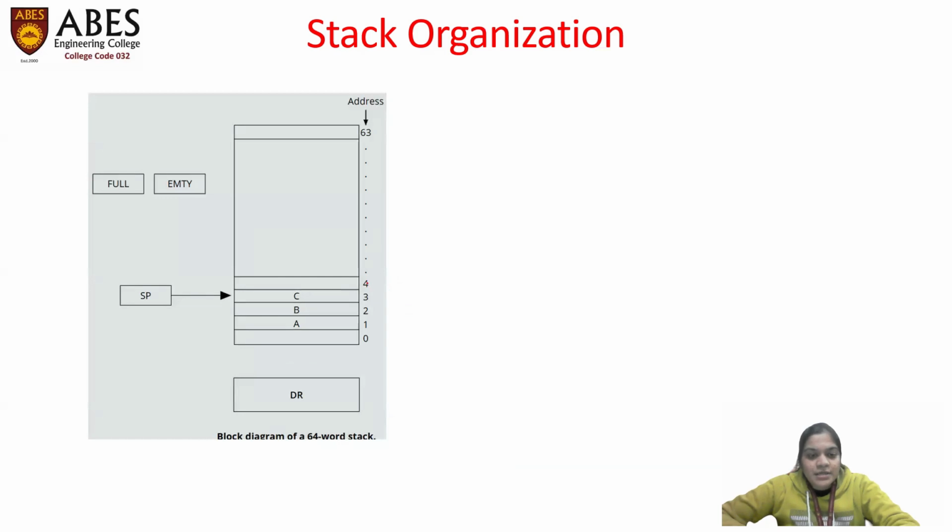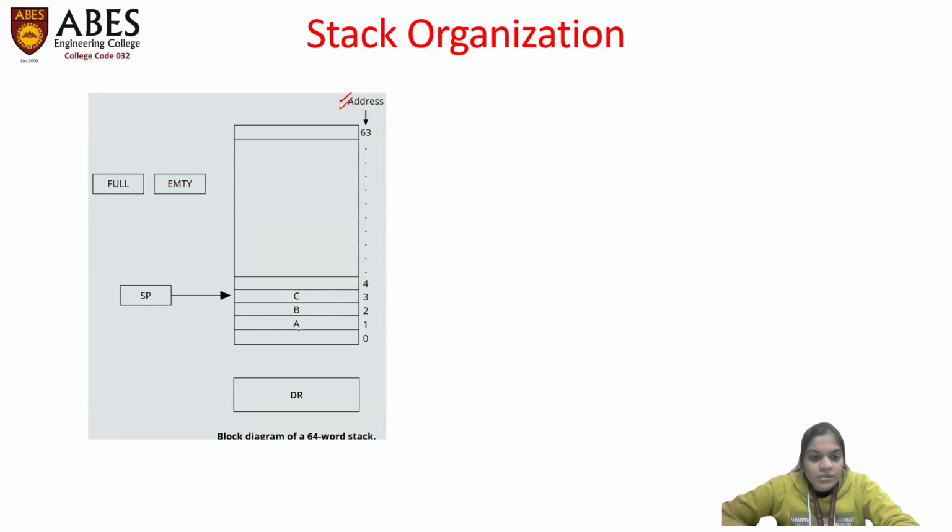So now let us understand the working of it one by one. We have designated our register stack from 0 to 63. This is what we are showing with the word addresses. These are the address locations. We have already shown three data inside our stack, A, B, and C, in different locations, right?